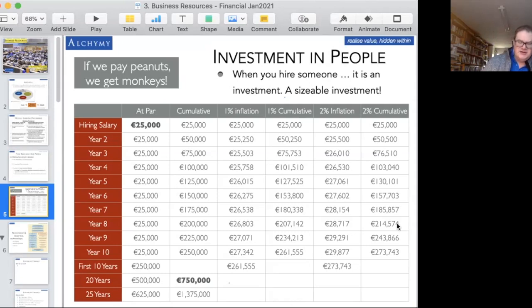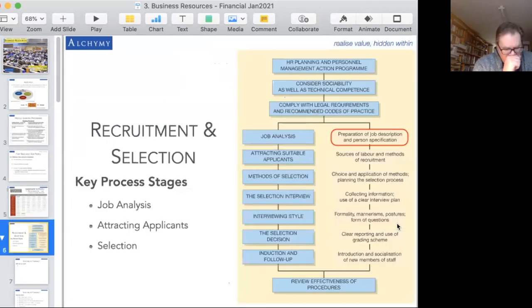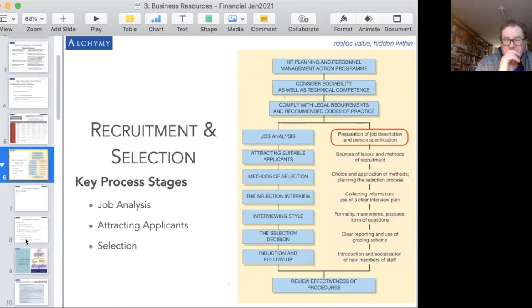We're going to focus primarily on recruitment and selection. There's a lot more to human resources than just recruitment and selection. We're only interested in this for this module because it's about acquiring the resource. We understand why people are so important. Now it's, how do we get the right people? Something like what's on the right-hand side of the slide there is the model.